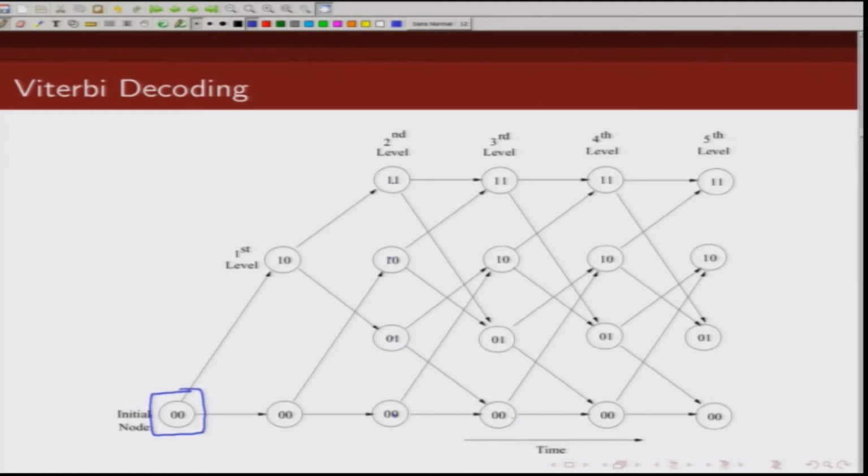And once your time becomes more than m, then we see that at each state there are 2 branches which are merging. I am just denoting, on the x axis is my time, by level: first level, second level, third level, fourth level, which is just how the time is progressing.